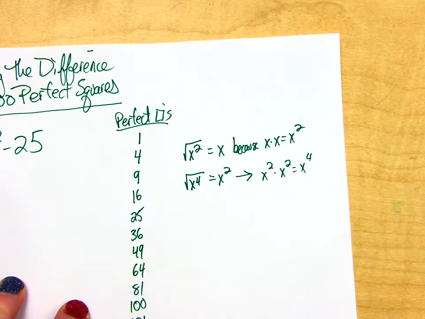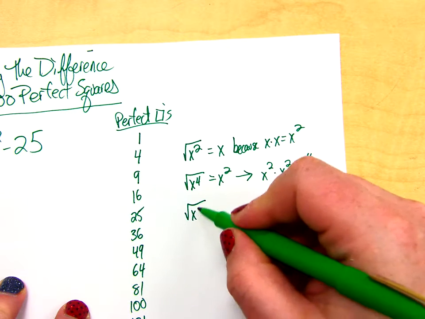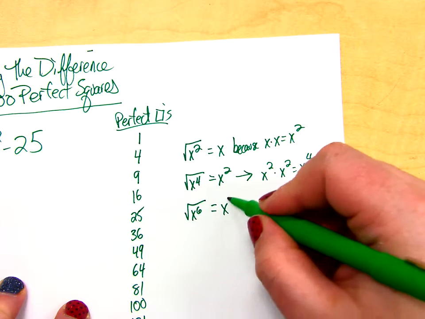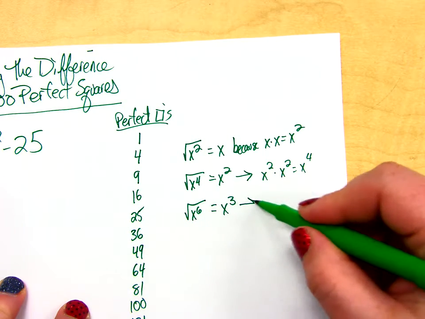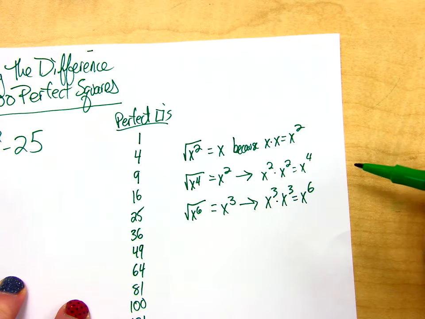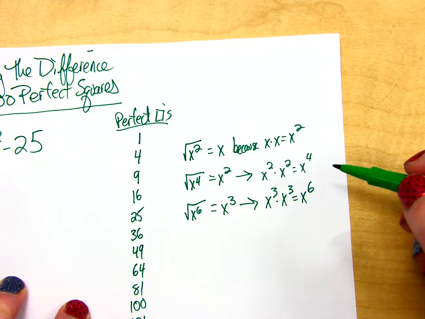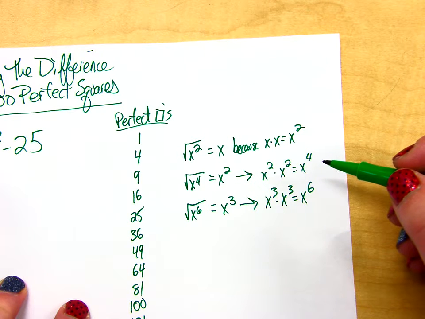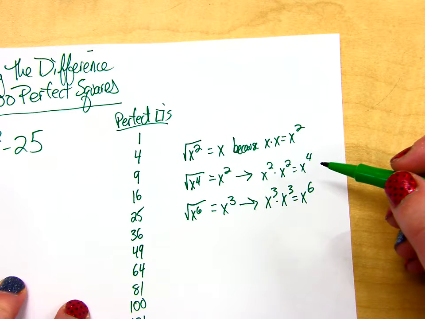Now here's where I usually lose people. What's the square root of x to the sixth? X to the third. Because, again, x to the third times x to the third really is just x to the sixth. So in other words, ladies and gentlemen, any variable raised to an even exponent is a perfect square.